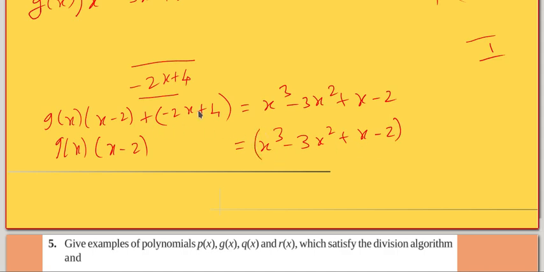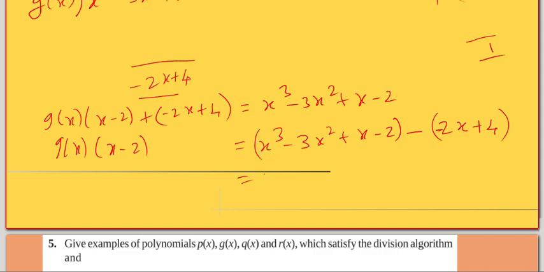This plus this polynomial, if we bring it here, minus of minus 2x plus 4 will come, exactly inside this bracket.